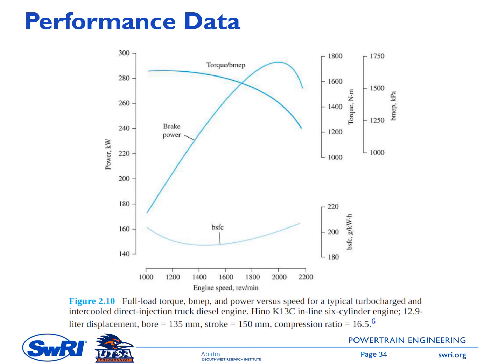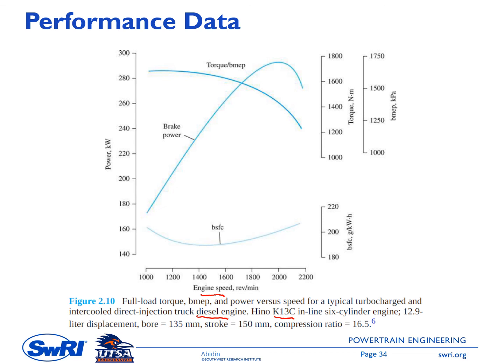And this is the performance data for a diesel engine, I believe. This is the full load torque, BMEP, and power versus engine speed for a turbocharged and intercooled direct injection truck diesel engine. This is from the Hino K13C.